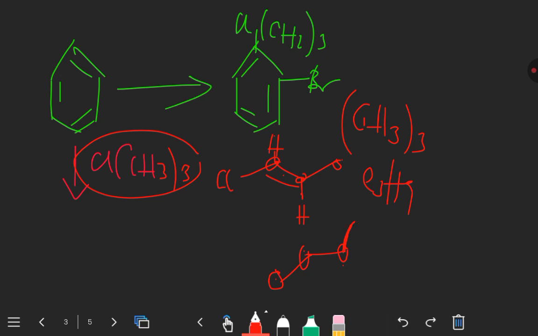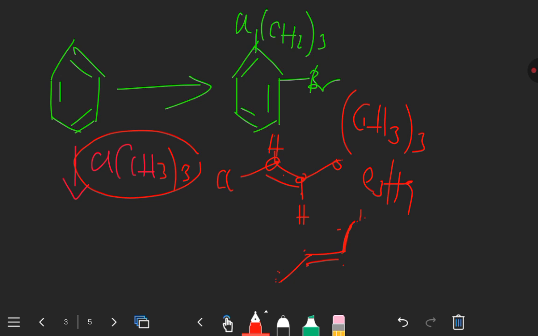So to minimize, there has to be a double bond somewhere. Let me put a double bond here. So I'll have 1, 2, 3, 4, okay, 5 plus the 3 which are here. So 3 plus 3, that is 6. 6 plus 2, that is giving what should be 8.